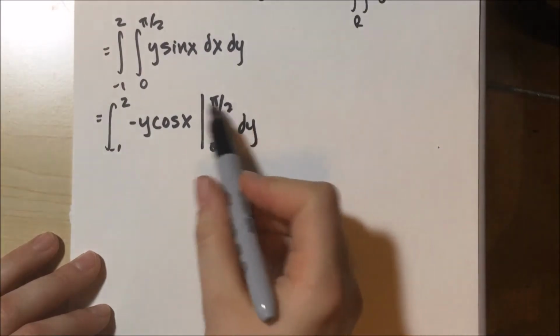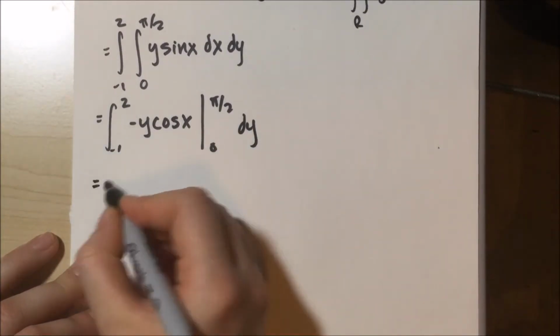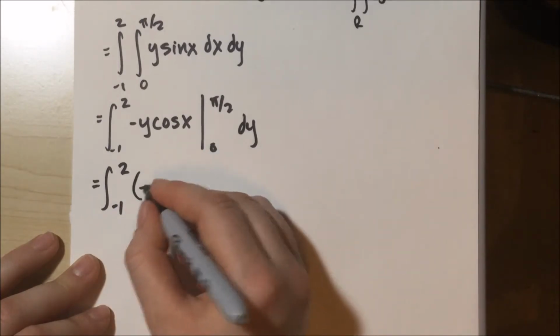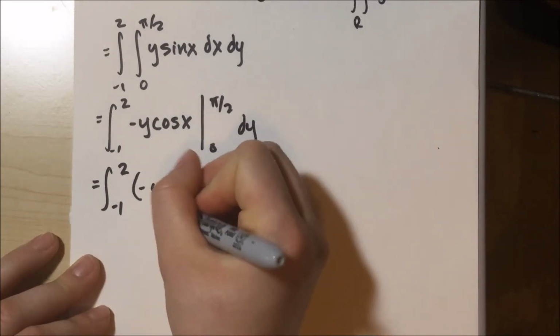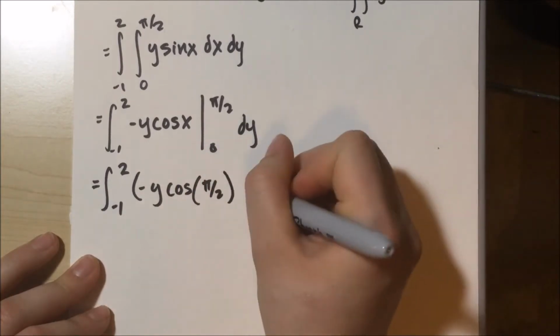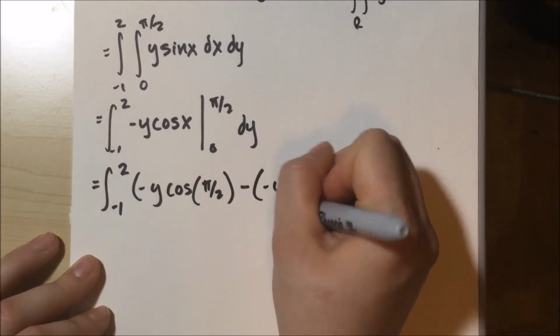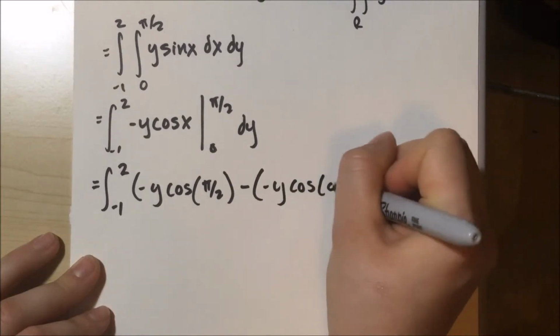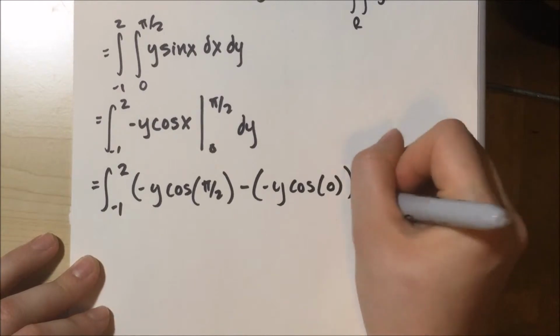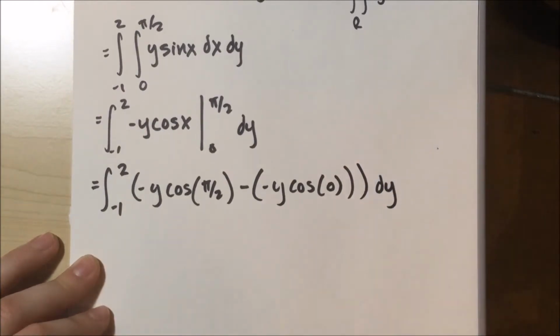Okay, so now I need to plug in my values for x. So this is equal to the integral from -1 to 2 of negative y cosine of pi over 2 minus negative y cosine of 0, dy.